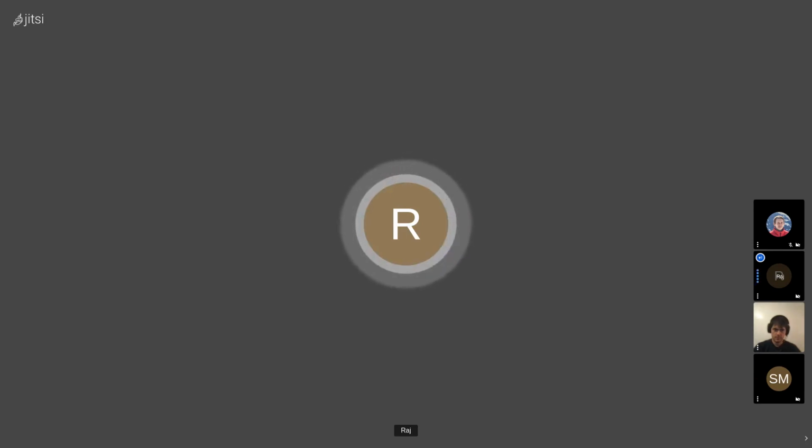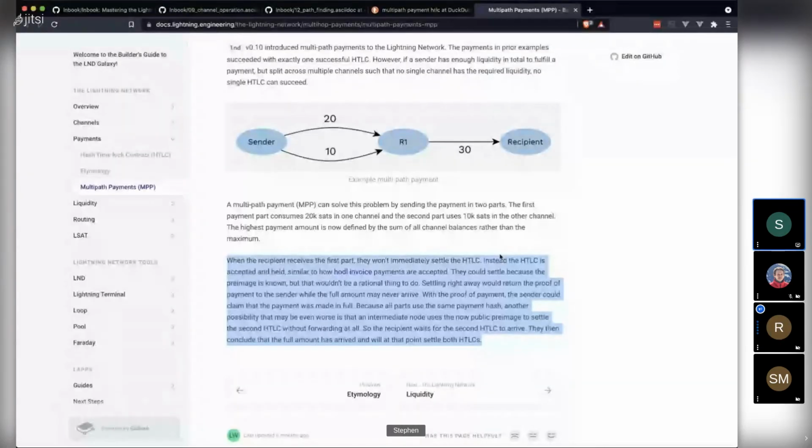So until all the payments are in a single position where they are combined together to recreate that secret, the hash of those HTLCs will not be matched, even though all the HTLCs have exactly the same hashes. Yeah, so you're absolutely right, Raj.